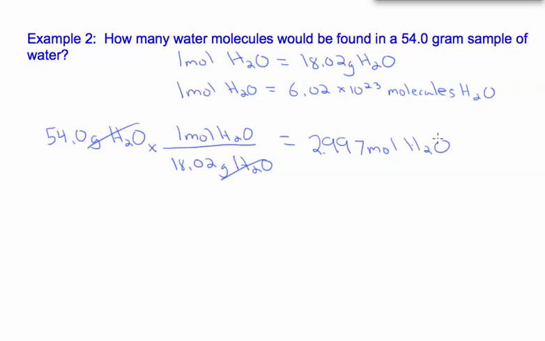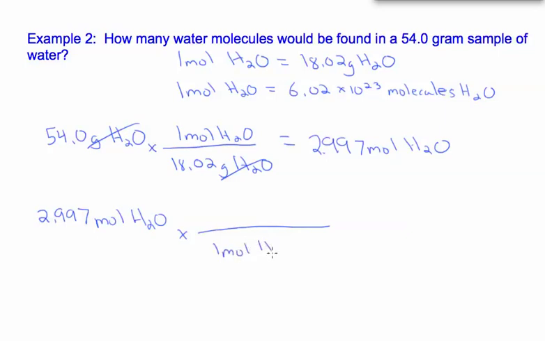So the next step is to go from moles to molecules. We're just taking these 2 types of problems we've already done and combining them into one question. So 2.997 moles of water. If I want to get rid of moles, I have to put mole on the bottom.